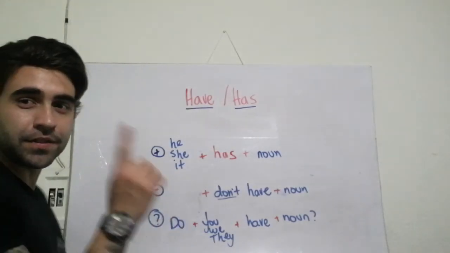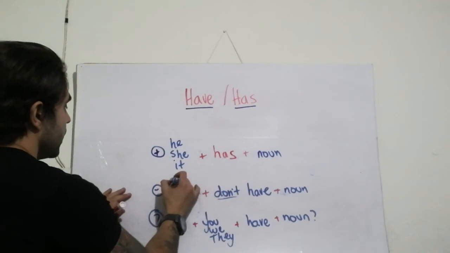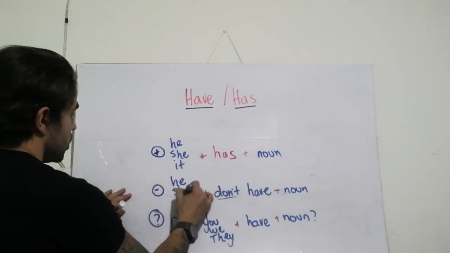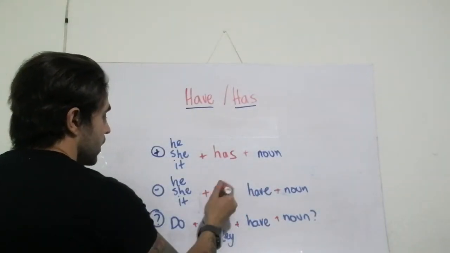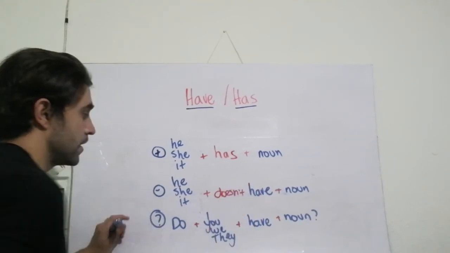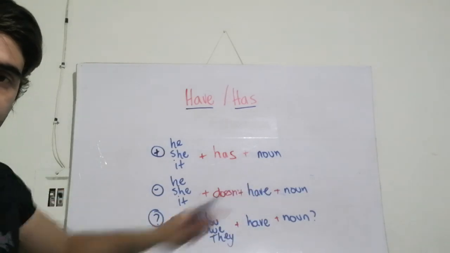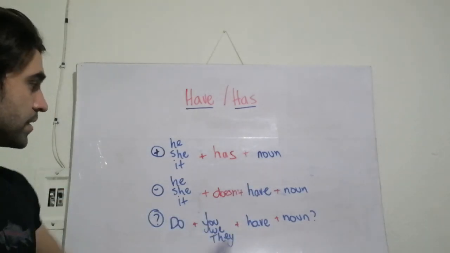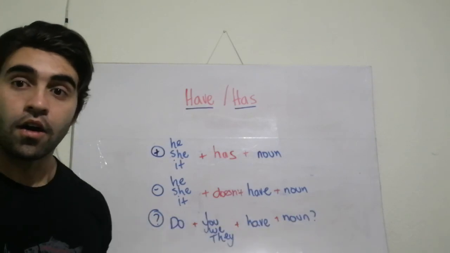Now, in the negative sentence, it's a little different because I use he, she, and it, but instead of using don't, we're going to use doesn't, D-O-E-S-N apostrophe T. So I say doesn't have. So he doesn't have a car.